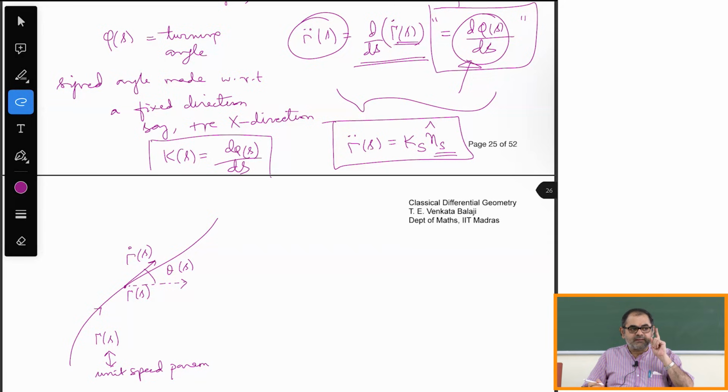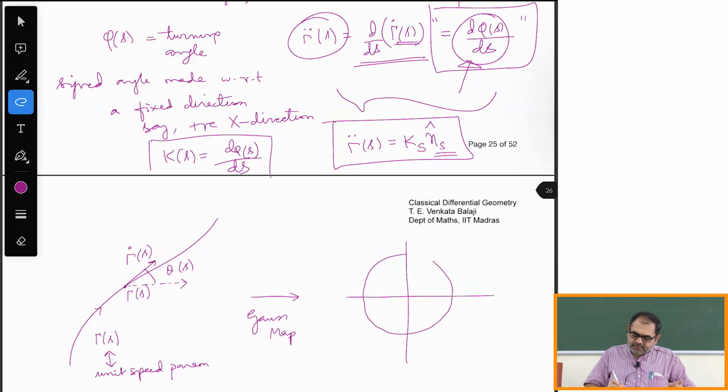And again, let me make a fuss of it. The problem is that in general angle is discontinuous. So what really saves the situation here? Let me draw a picture. This is the Gauss map. So you have this dial here. This is the unit circle in the plane. I have this vector, this is my gamma dot s, and here is my angle theta s.